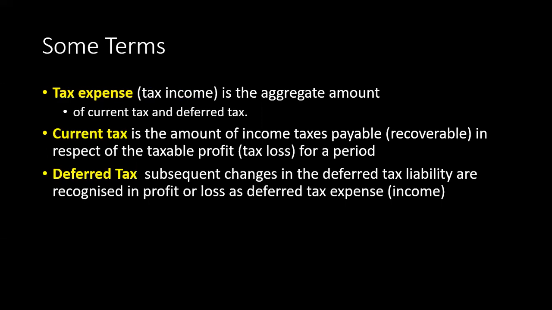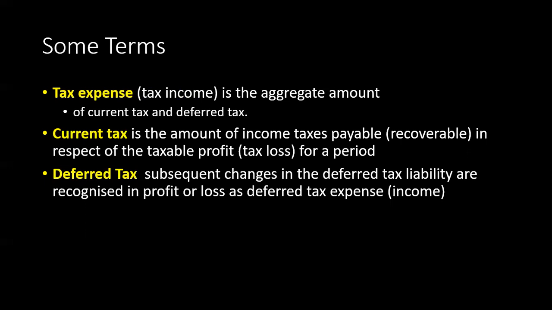Current tax is the amount of tax payable, or recoverable because you might have paid more, in respect of the taxable profit calculated as per the income tax. And the deferred tax arises because of the changes in the deferred tax liabilities and deferred tax assets.